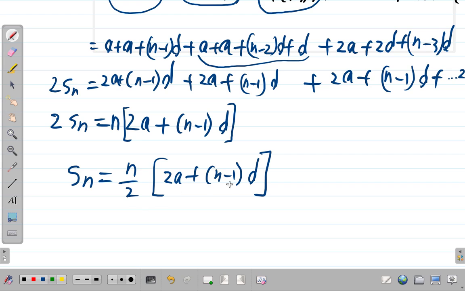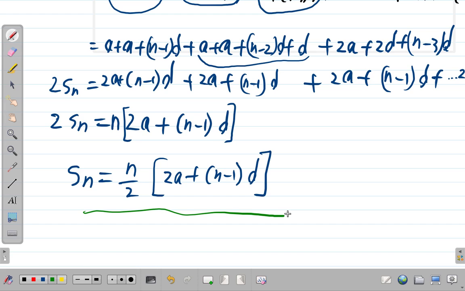So there you have the form of the sum. That's the equation for finding the sum of the first n terms of an arithmetic progression. N over 2, 2a plus n minus 1d. Right? So that's the formula.